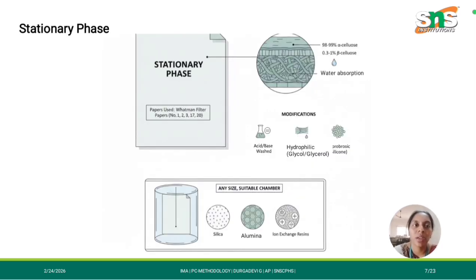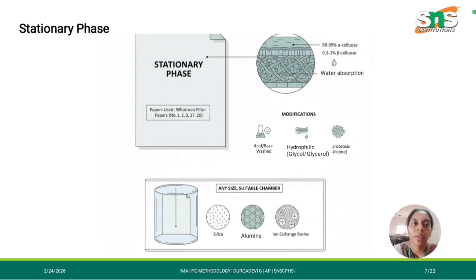For the stationary phase we can use Whatman filter paper number 1, 2, 3, 17 and 20, and based on the sample we can make some modifications to the paper also. We can use acid or base washed papers, hydrophilic papers or hydrophobic papers, chosen based on the sample.